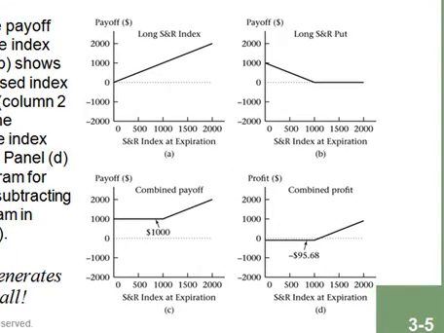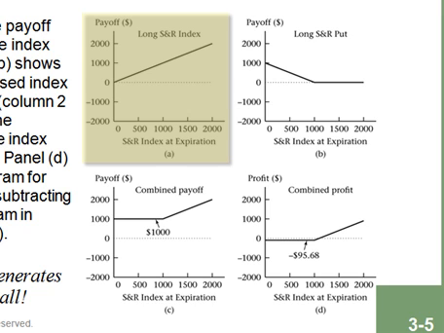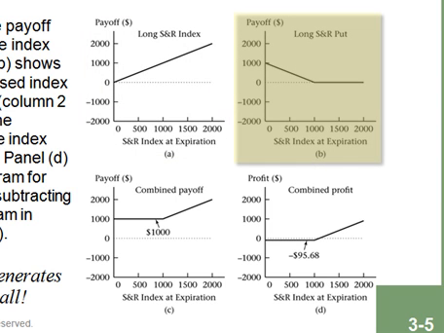Now here's a graphical depiction of the same thing that we just saw in the table. We see two different positions being combined here. In panel A, basically you see the payoff to a long position in the underlying S&R index. In panel B, you see the payoff to a long position in the put just by itself.